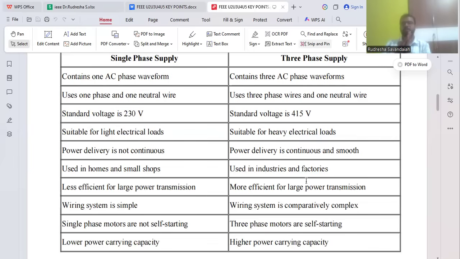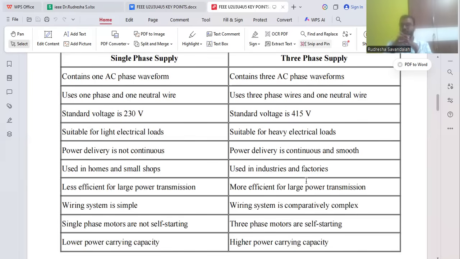Single phase is less efficient for large power transmission, while three phase is more efficient for large power transmission.